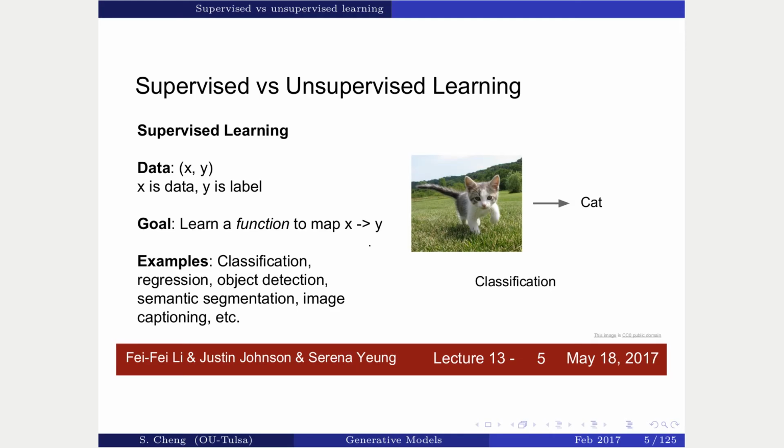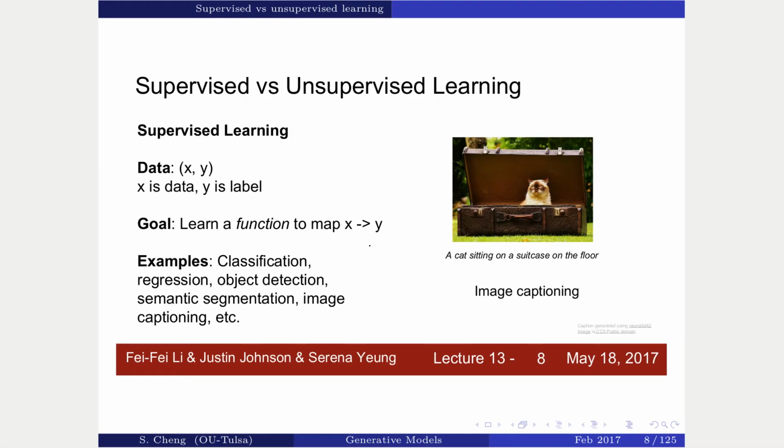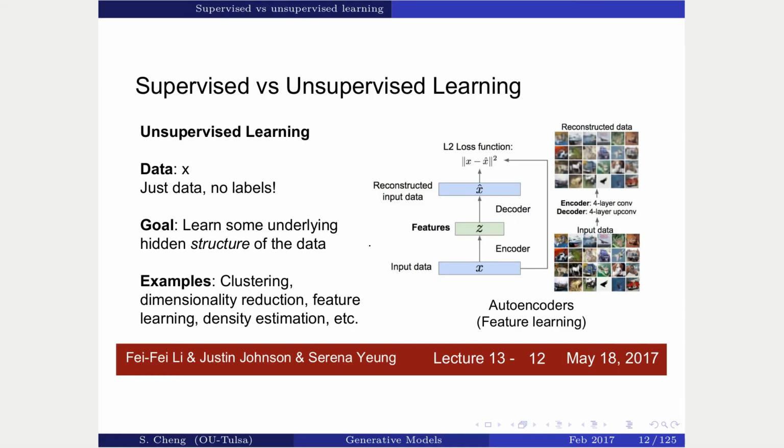I guess I can probably skip this: supervised and unsupervised learning. We mentioned that several times, and you can think of a generative model as a kind of unsupervised learning, right? So you don't actually have a supervised goal, a teacher to say, okay, this thing is supposed to have this outcome.